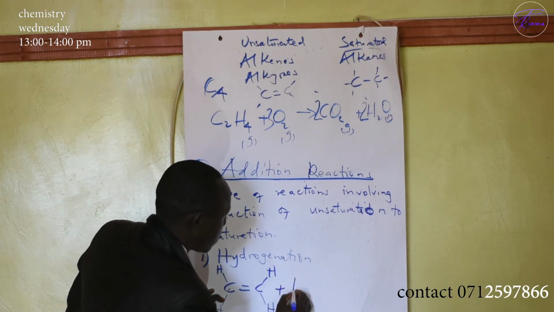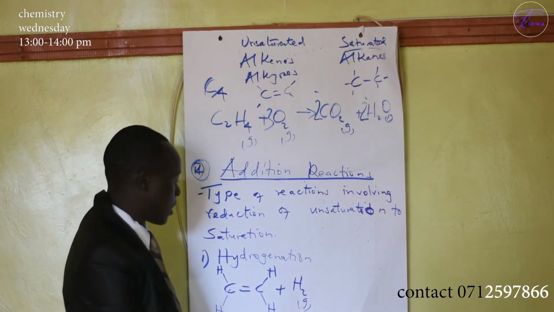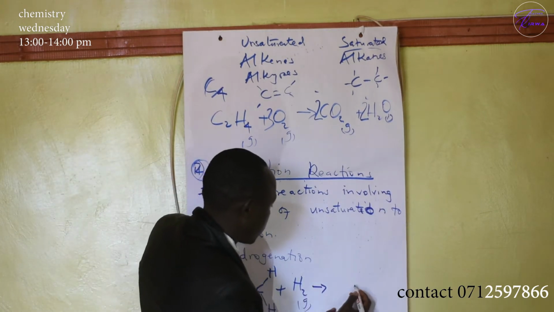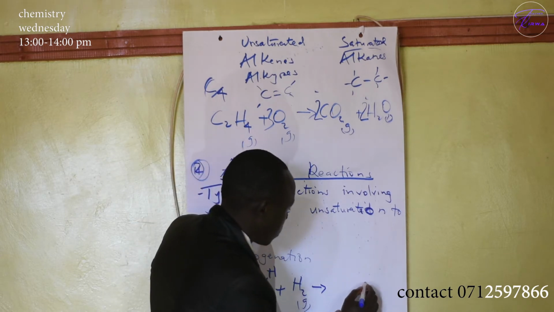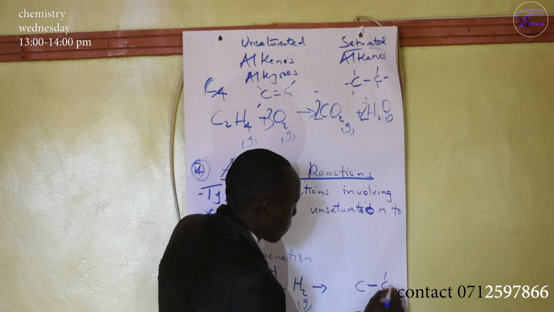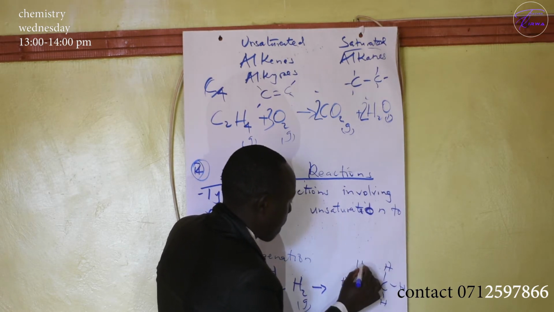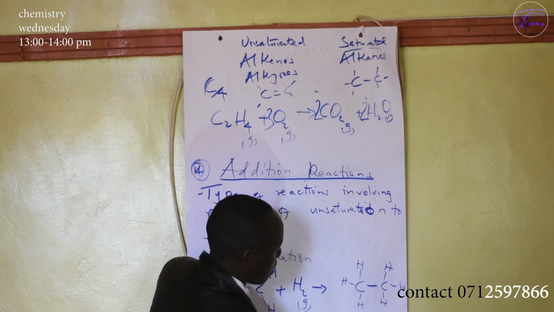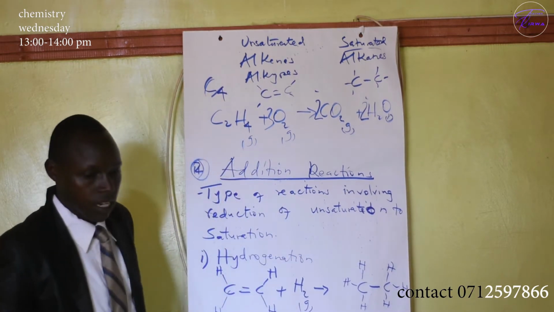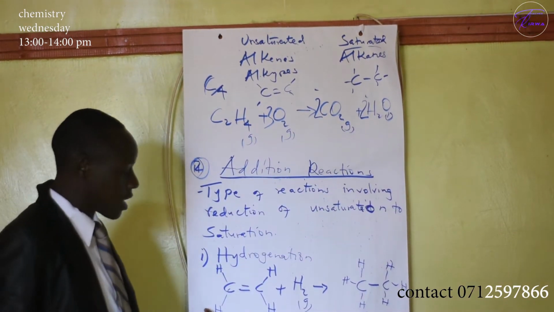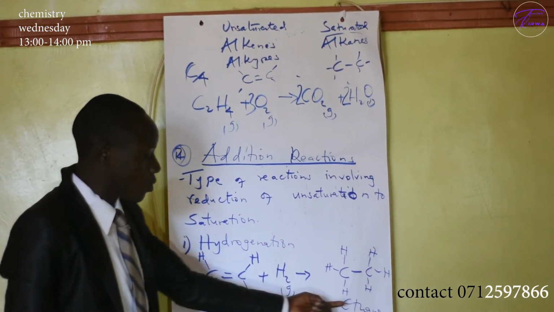When hydrogen gas is added there, then you have ethane. So it's a reaction where ethene is reduced to ethane.